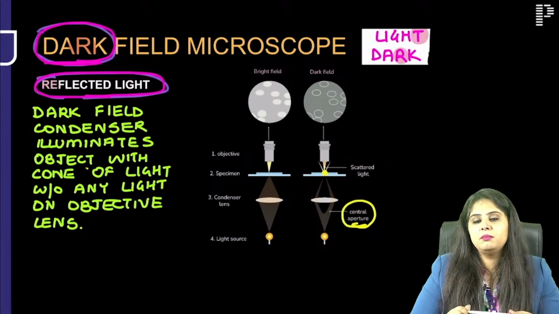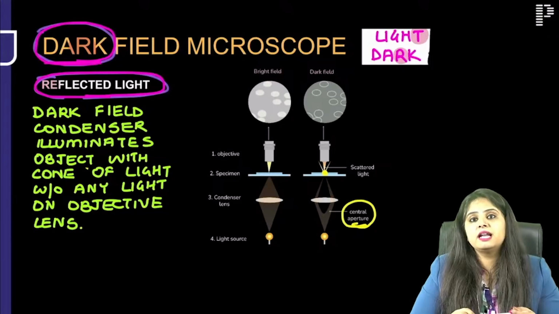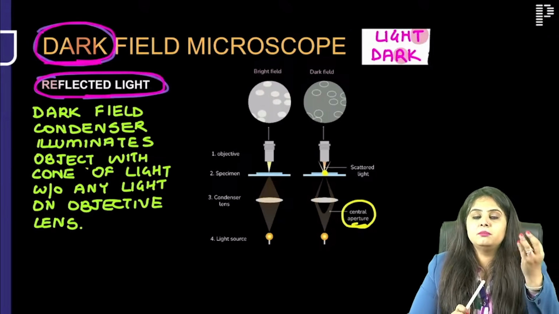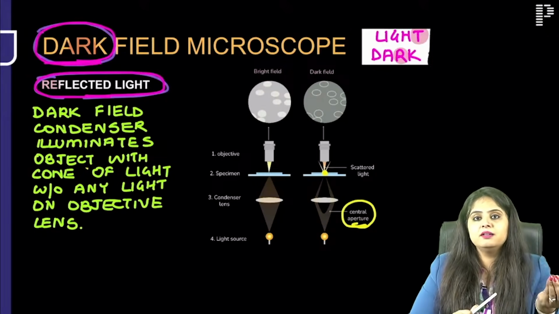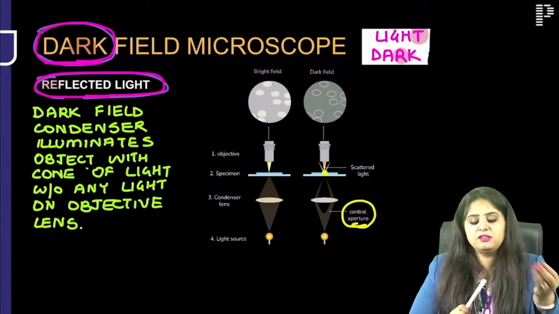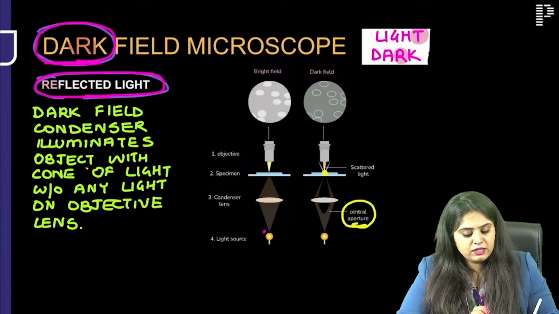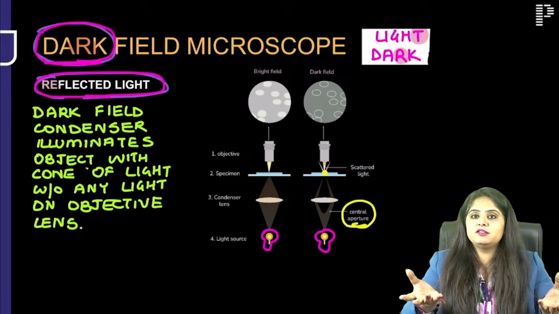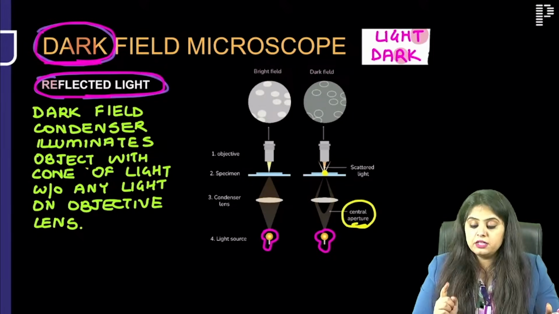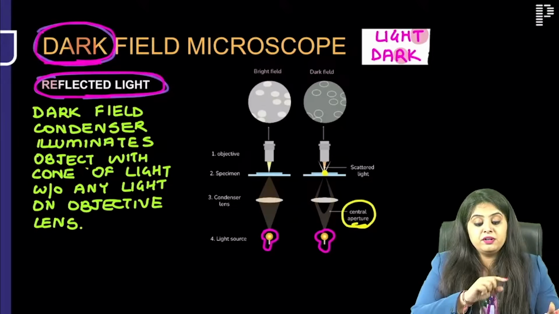Do you get any bulb that they market and sell saying this is a bulb from which reflected light comes out? No. Every bulb that you go to buy in the market will be the same. It will be transmitted light. I have a light source over here and a light source over here. Both of them will transmit light. I will have to convert the transmitted light into reflected light.